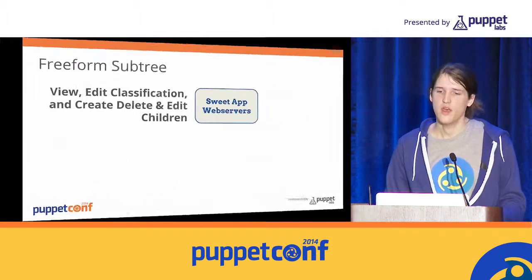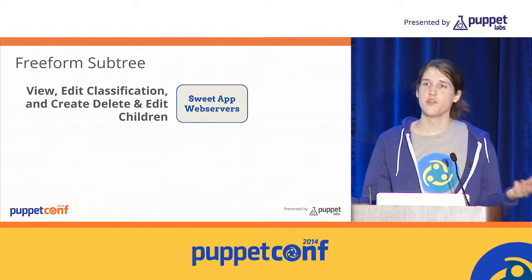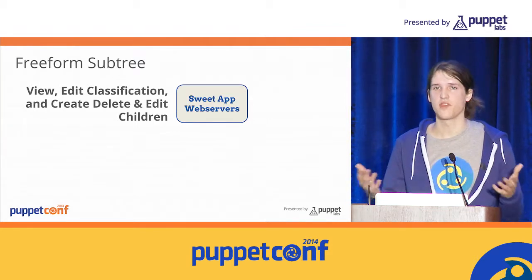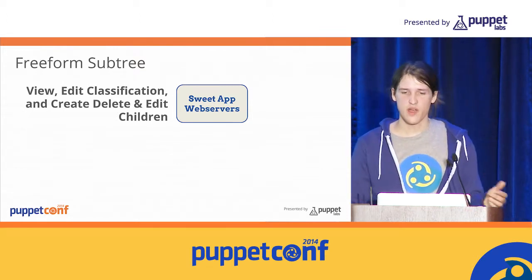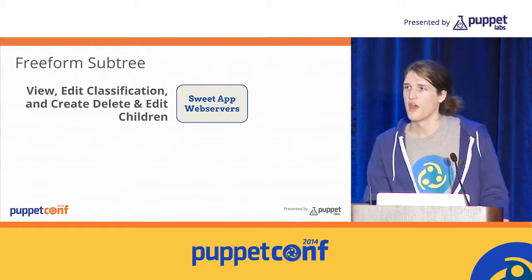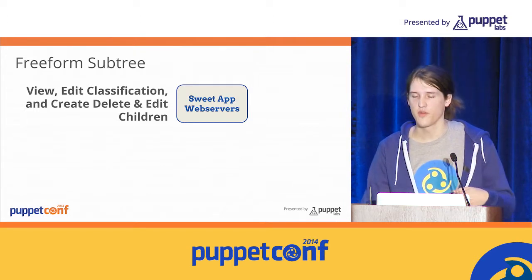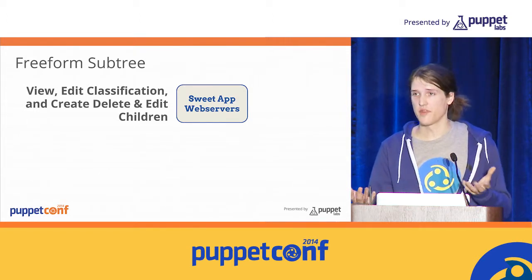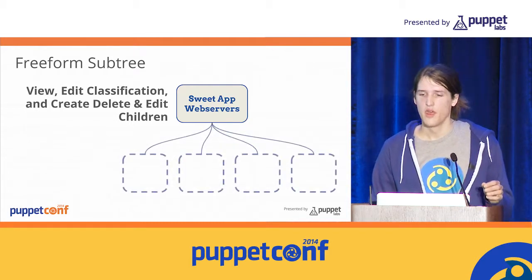And finally, you might want to give members of your team access to basically do whatever they want within a subtree of the manager. So you can give them view, edit classification, and the ability to create, delete, and edit children for this group. And so that allows them to create new groups that are children of this group, and allows them to delete groups that they've created, or maybe that you've created to help start them out.